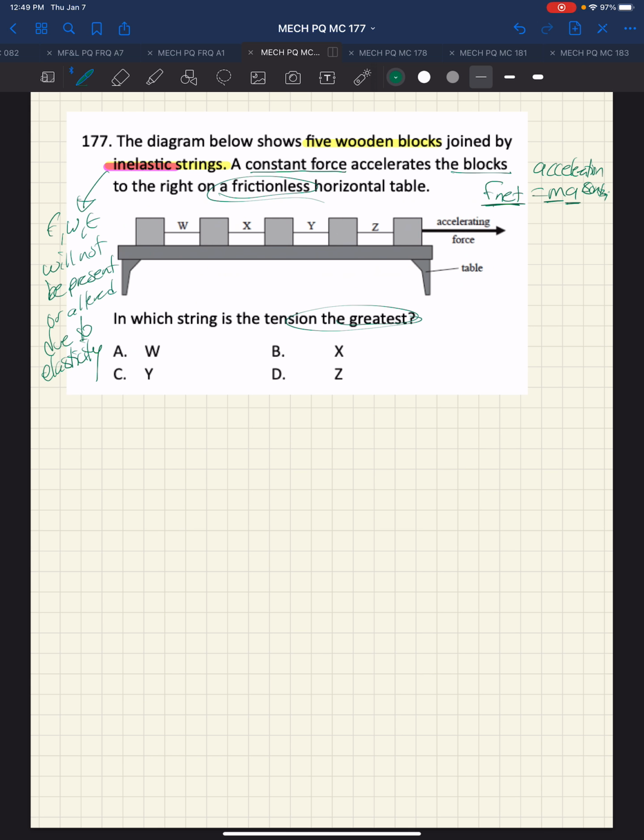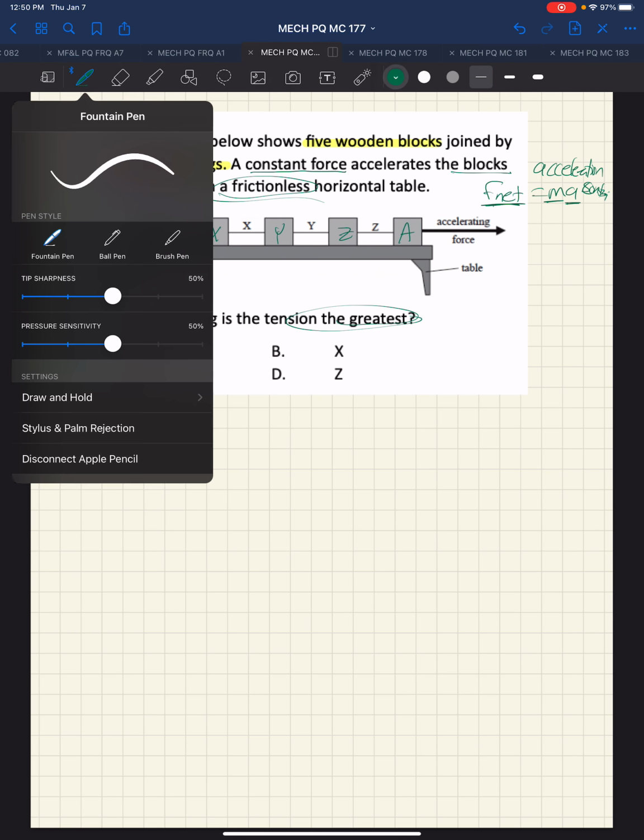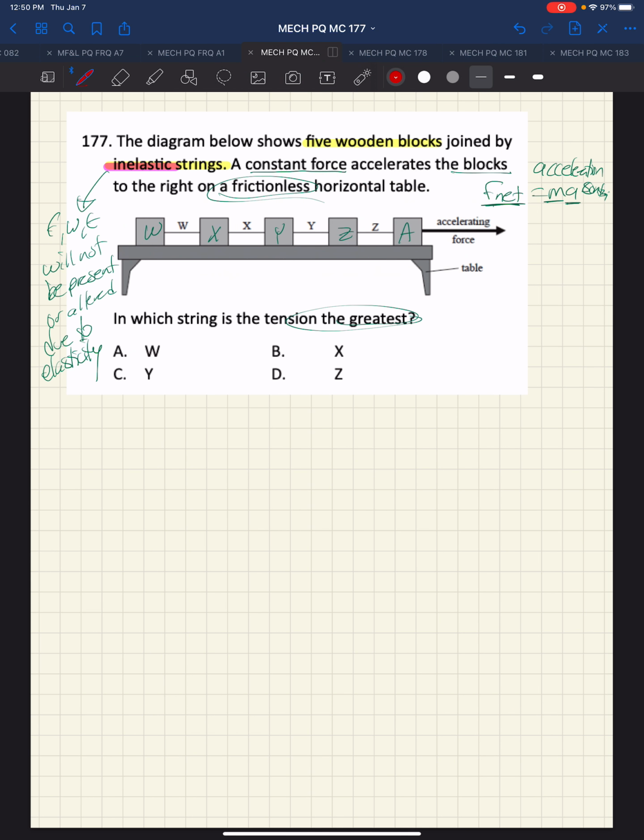Which string is the tension the greatest? Let's label our blocks. To break this down, block W, block X, block Y, block Z, and let's label this block A. Let's first look at the tension there.